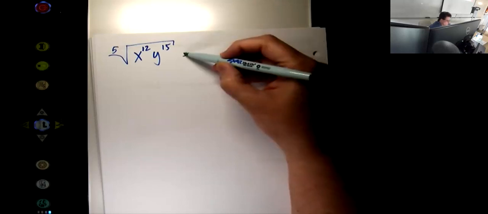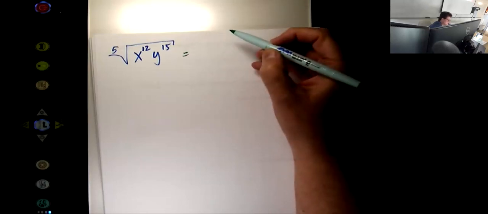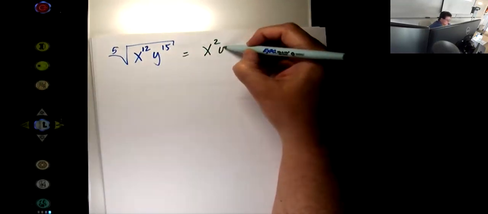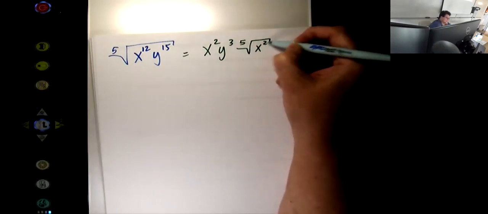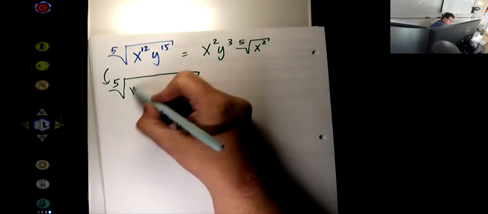But no. All right, so let's get to the answer right now. If you had x squared y cubed times the fifth root of x squared, you have the right answer. One way of doing this is breaking those up into powers of 5.